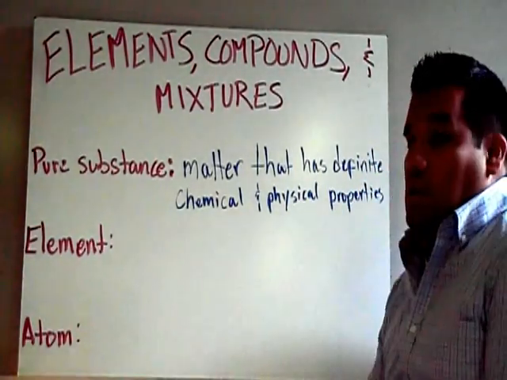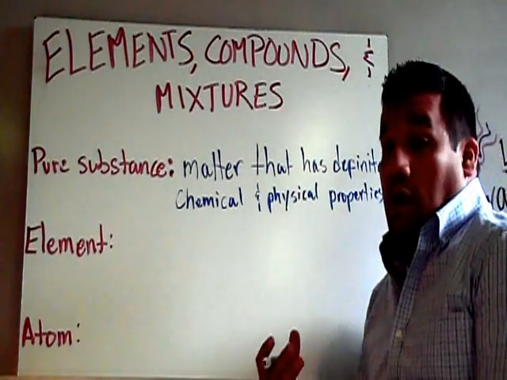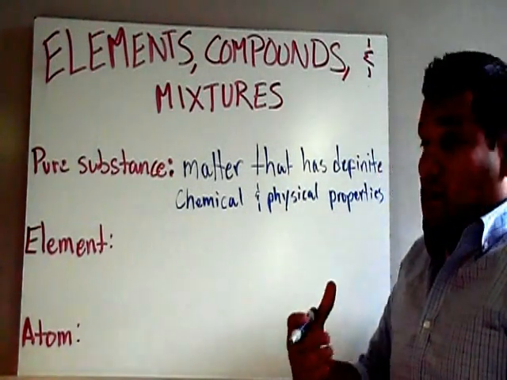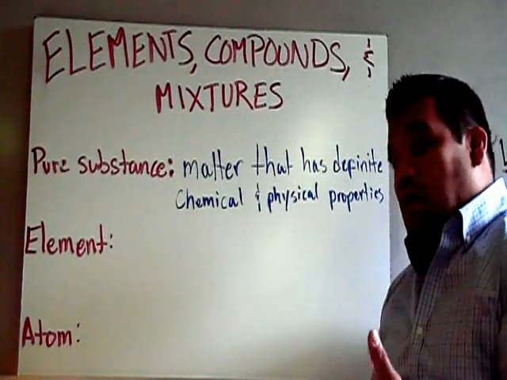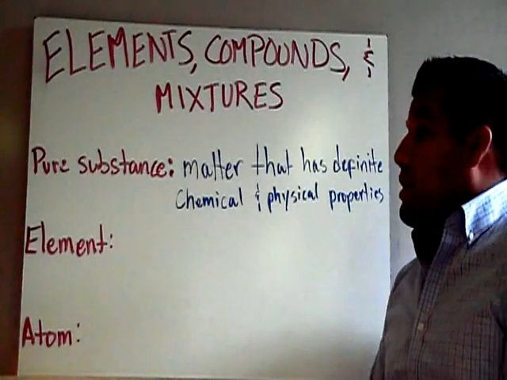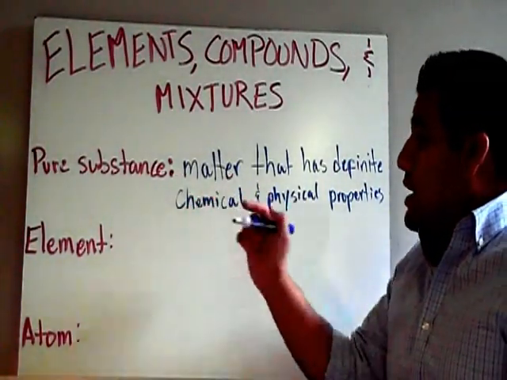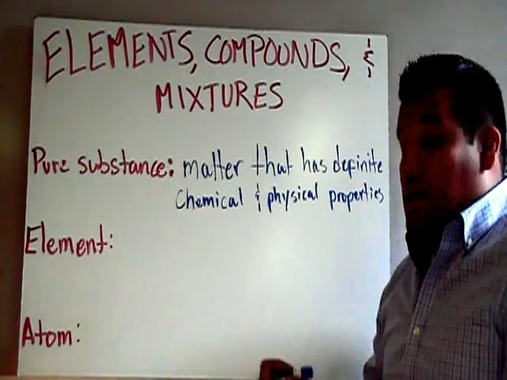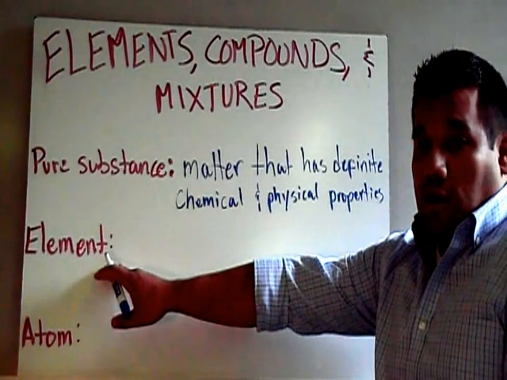Water is a pure substance. The element carbon is a pure substance. So this is a wide range of stuff that it can be, but know that it's matter that has definite chemical and physical properties.